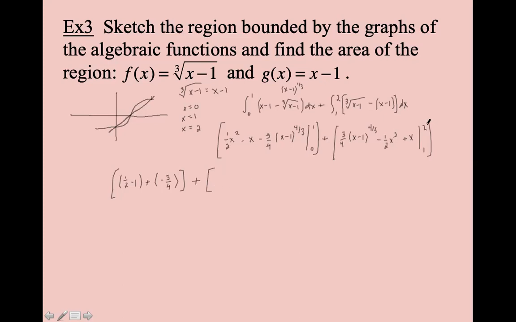All right, plus, now I need to evaluate that other integral. So this time I'm plugging in a 2. 2 minus 1 is 1. 1 to the 4/3 is 1 times 3/4 is 3/4. And notice this time I don't have that nice 0, so it's a little trickier. And then plug in 2 here. 2 squared is 4. That's going to make it -1/2 times 4 is -2.